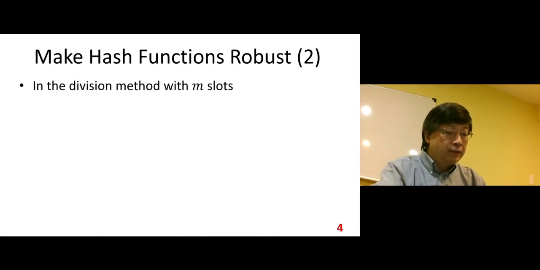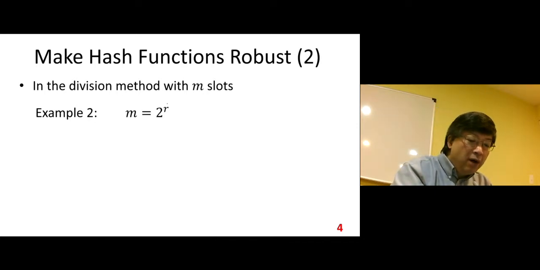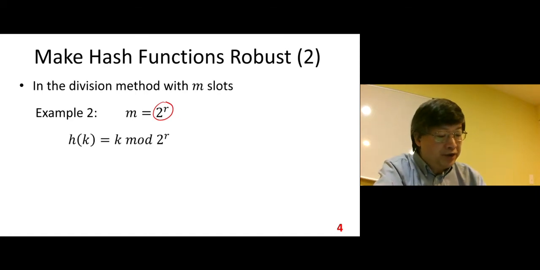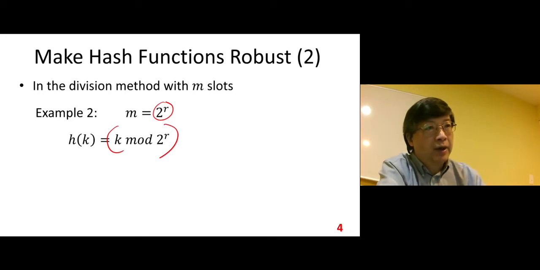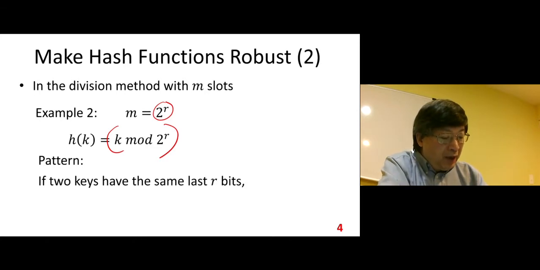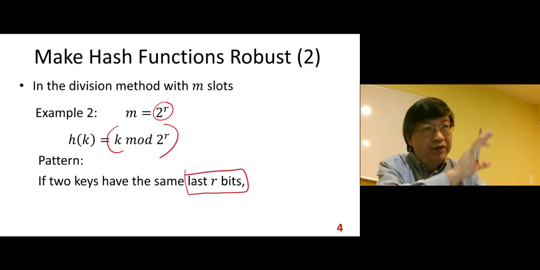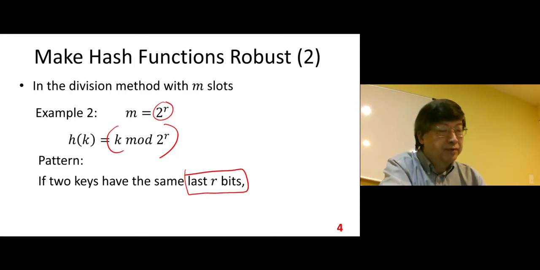Another example. Example 2, this time we consider m as a power of 2, 2 to the nth power. So this time your hash function is like this. Now look at another pattern we may have. If 2 keys have the same last R bits, this is the pattern. Some of the keys have the same last R bits.